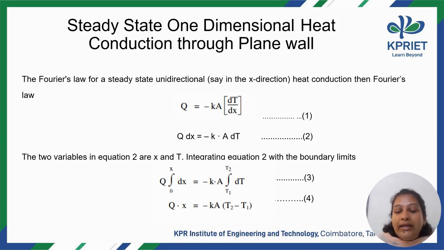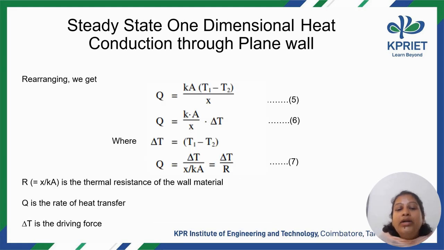So we can take that negative symbol inside and the equation can be rewritten as Qx is equal to kA (T1 minus T2). Finally, the equation can be rearranged to have only the heat transfer on one side and everything else on the other side. Look at equation 6. You can see that Q is equal to KA by x into (T1 minus T2), where the temperature difference is replaced with delta T.